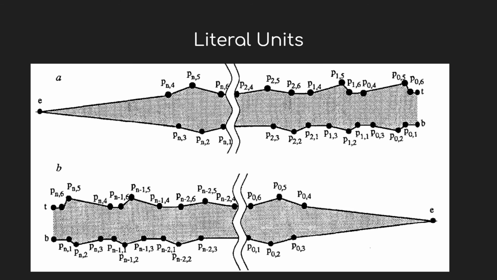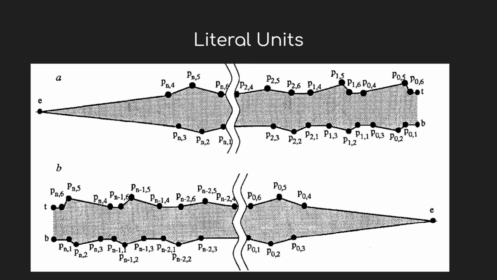The first component is the literal units. The literal units are supposed to represent, in the top case, a variable, meaning the variable itself not negated, and the bottom is the opposite of the variable, so the variable has to be false in order to come up true in the satisfiability of the clause.